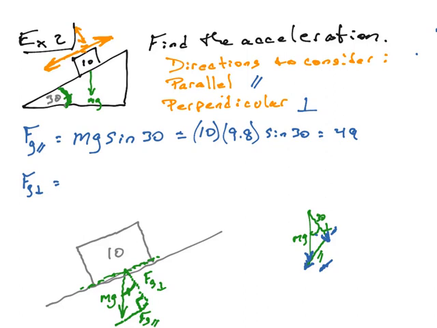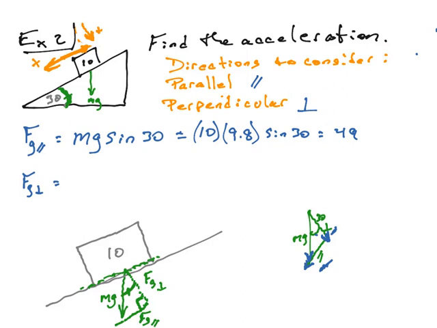For me, since I know the block is going to move in this direction, why not just call that the positive direction? So the way we usually handle it, so that people reading our work understand what we're doing, is we say this direction is positive, and then I'm also going to call downwards into the ramp, the perpendicular direction, positive for that direction.